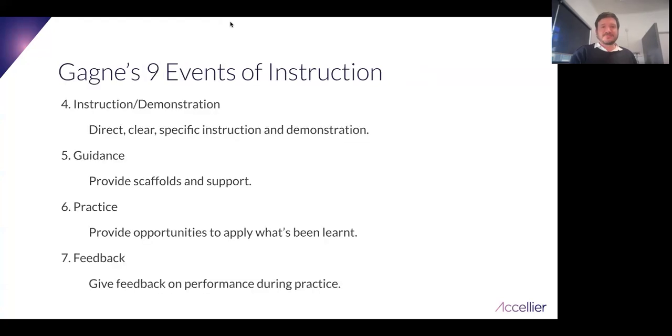Thank you for that. So back to Gagné's 9 events. We're just going to look at 4, 5, 6, and 7 together, because while this structure does suggest a step-by-step rigid process, I don't think in practice it should be like that at all.